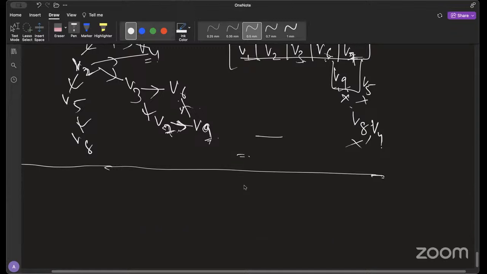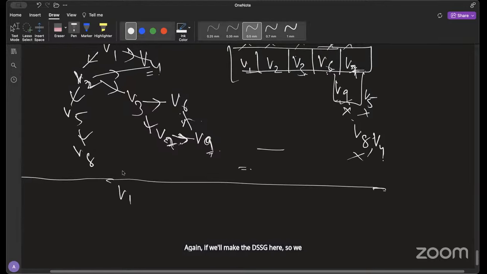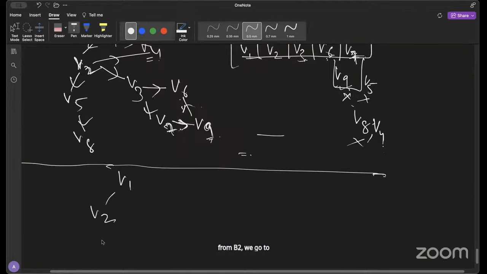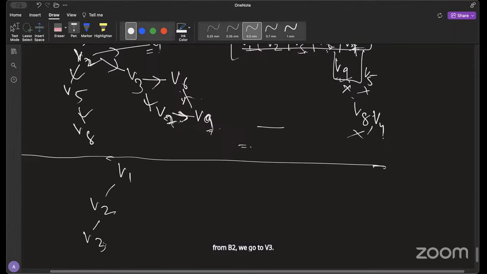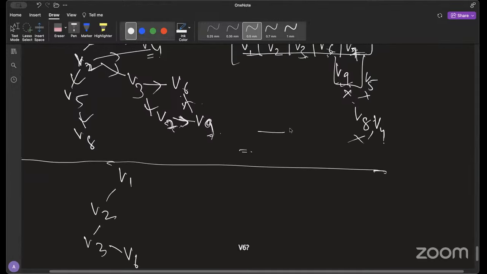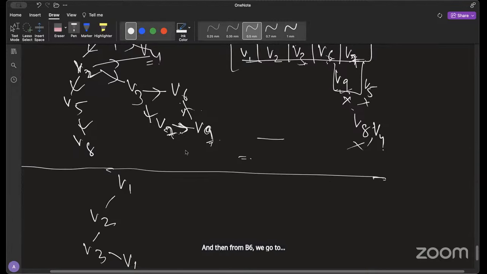Okay. And if we make the DFS tree here, we'll start with V1 and then we go to V2. From V2 we go to V3, then to V6. And from V6 we don't go anywhere.